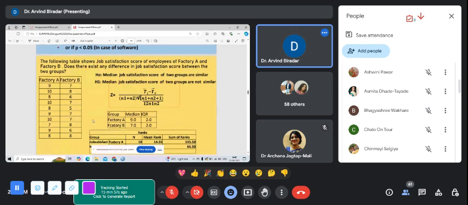Now in this case, T1 minus T2 is the formula.